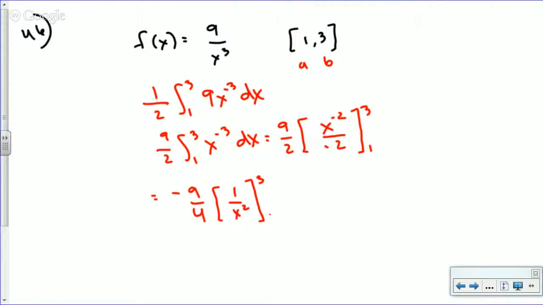Evaluated at 1 and 3. Okay, so -9/4. If I plug 3 in, I have 1/9. If I plug 1 in, I have 1/1, which is just 1.